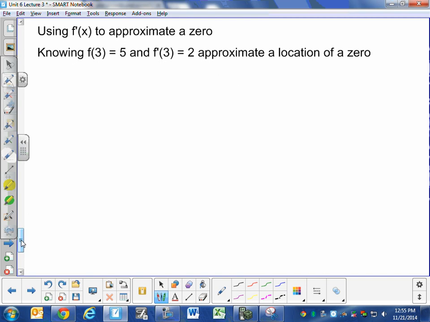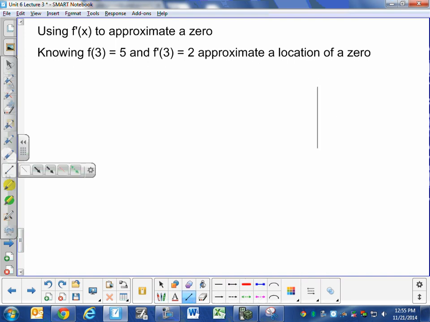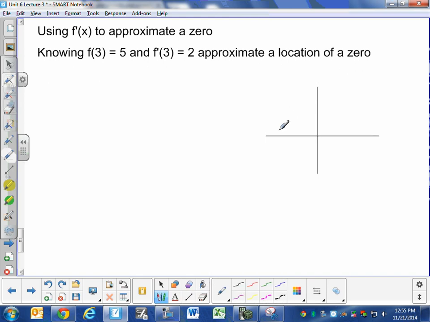We can use a derivative equation to approximate a 0. Say I have some function that looks like this. And say I don't know where a 0 is located, but I know at 2 I have the point 1, and at 3 I have the point -1.